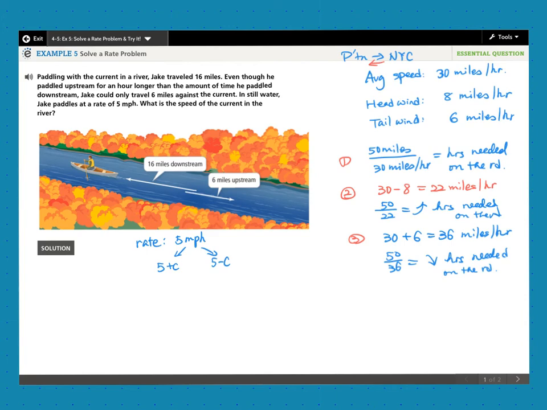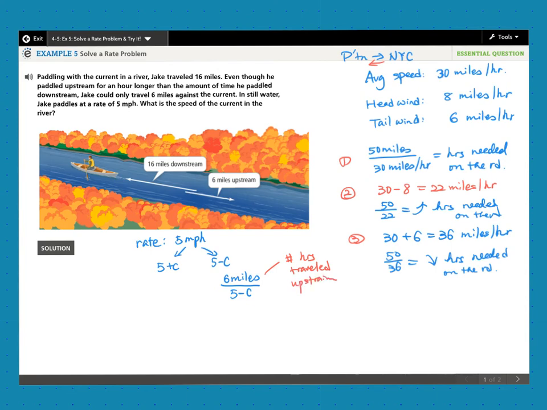So when he goes against the stream, upstream, he only travels 6 miles. If I have 6 miles here and I know the rate, I have the total amount of time, right? So I can note this is the number of hours traveled upstream.